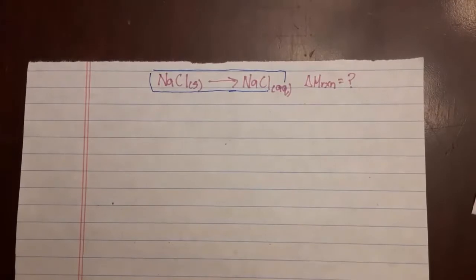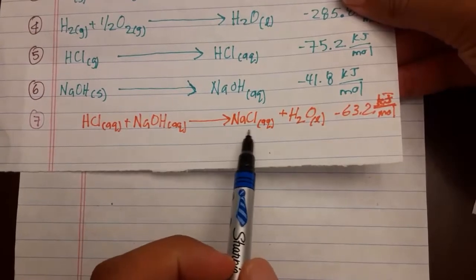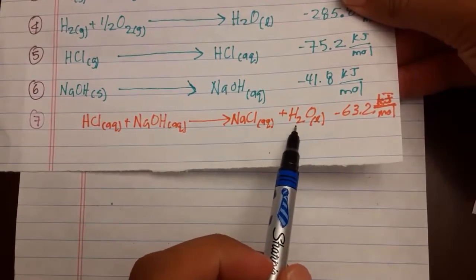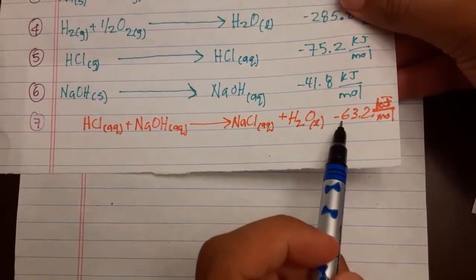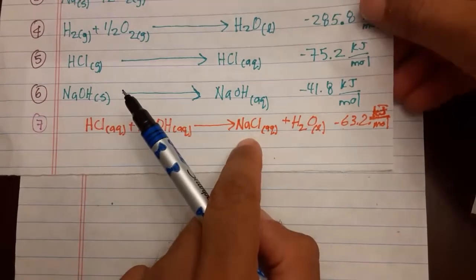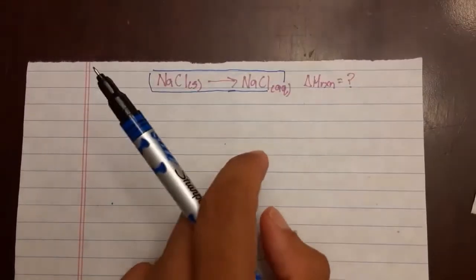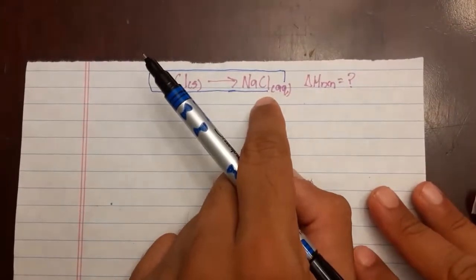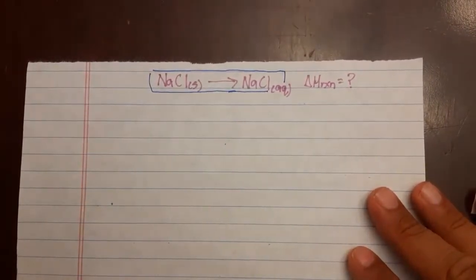Our first reaction that we calculated is HCl plus NaOH goes to NaCl aqueous plus H2O liquid. I calculated that, your value may be different, as minus 63.2 kilojoules per mole. The reason why I want to do that is my NaCl aqueous on the product side is also the NaCl aqueous on the product side of the delta H reaction that I want to calculate.